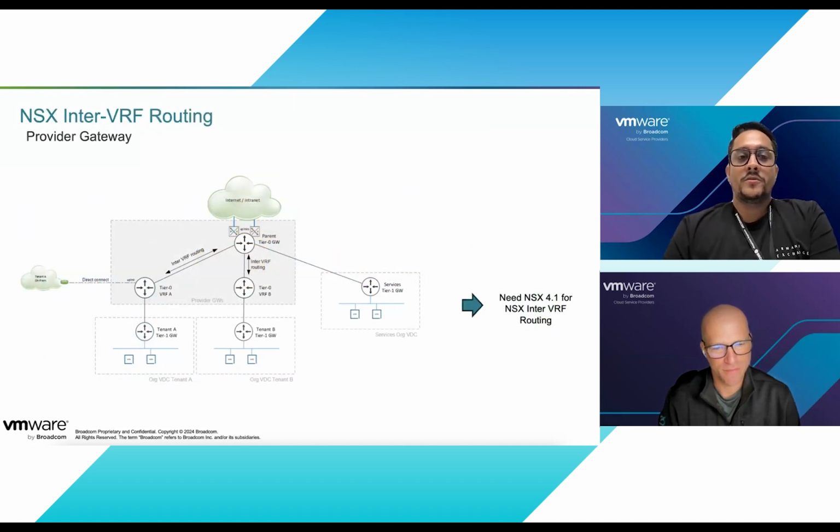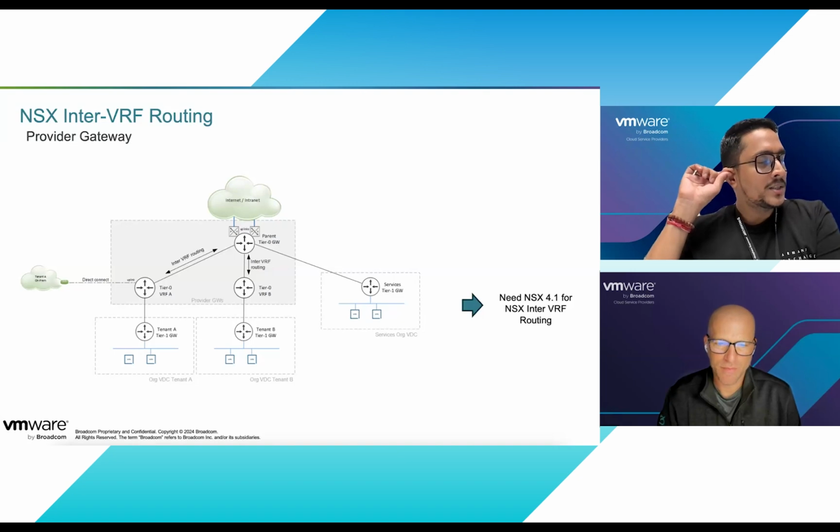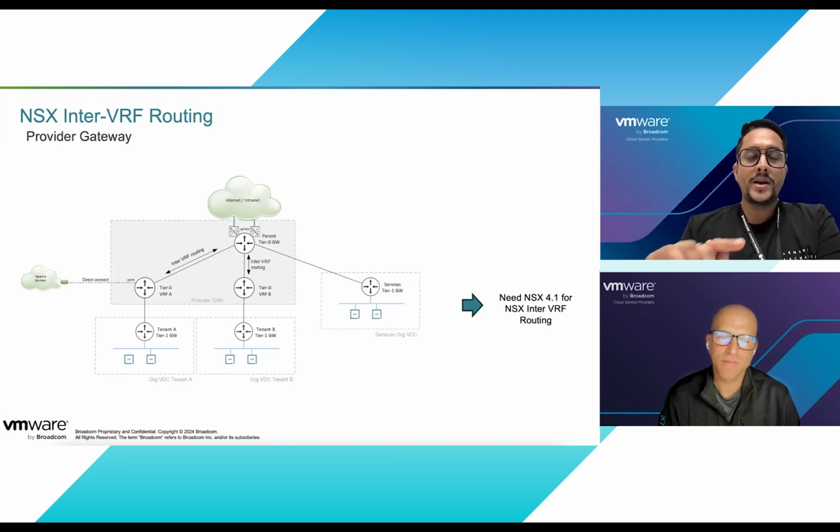The first feature we are introducing is the NSX inter VRF routing. This is a provider gateway feature. First thing we have to understand is that the provider gateway in VCD is backed by T0 on NSX. The edge gateway on VCD is backed by T1 on NSX.